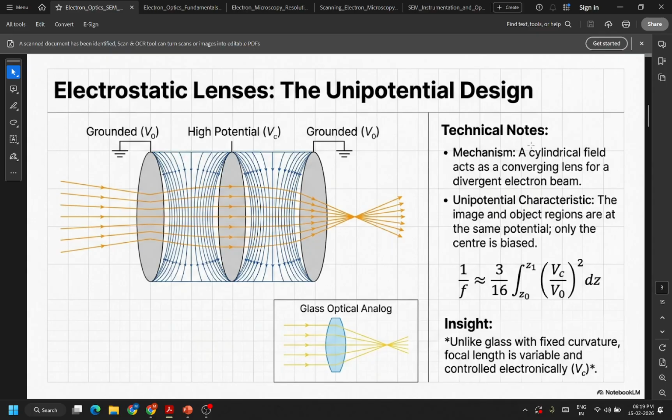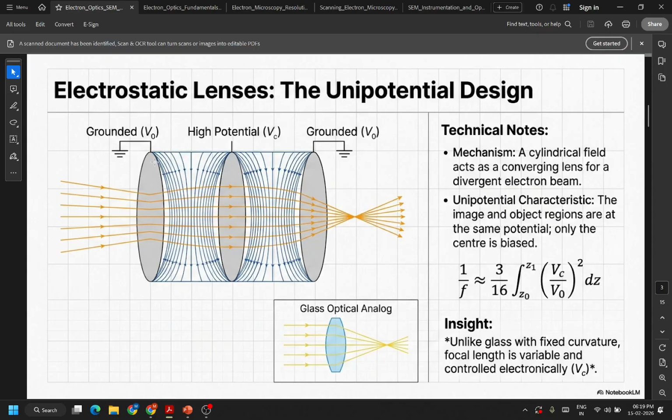The mechanism is that a cylindrical field acts as a converging lens for a divergent electron beam. The electron beam was divergent, and this cylindrical field now made it convergent.